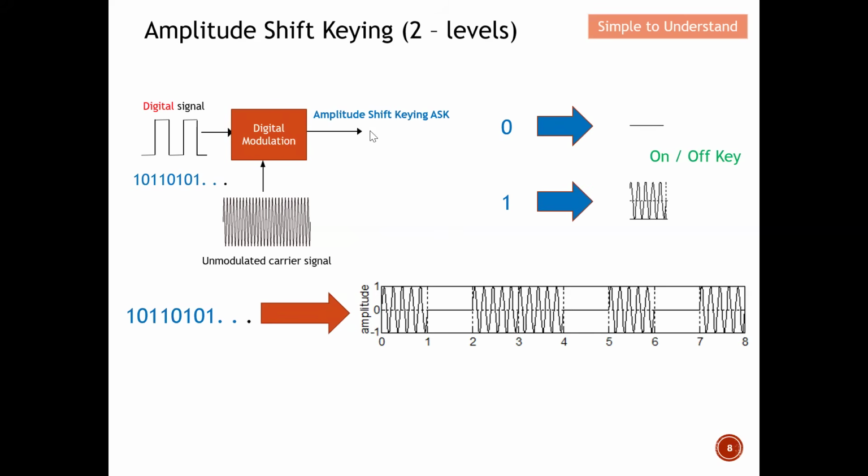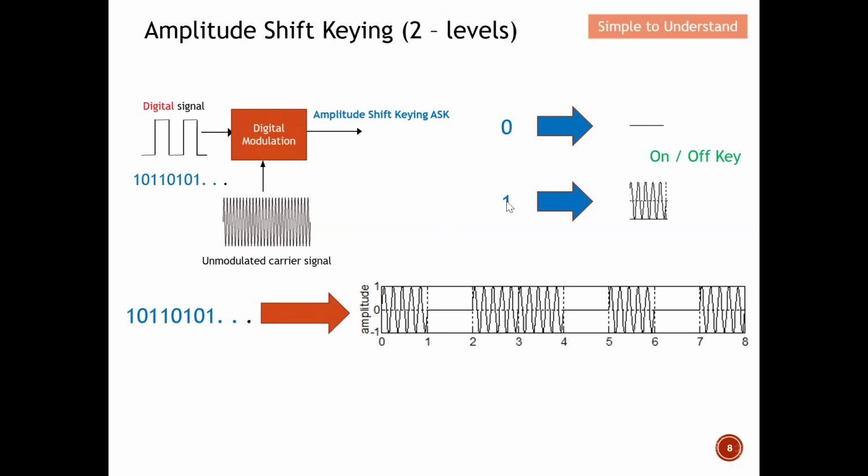So after, at the output here, this is what we call amplitude shift keying. How does it change? As I mentioned earlier on, the digital signal consists of either 1 or 0, and based on 1 and 0, I will modify the amplitude. For example, if the message is 0, I can have nothing to show.